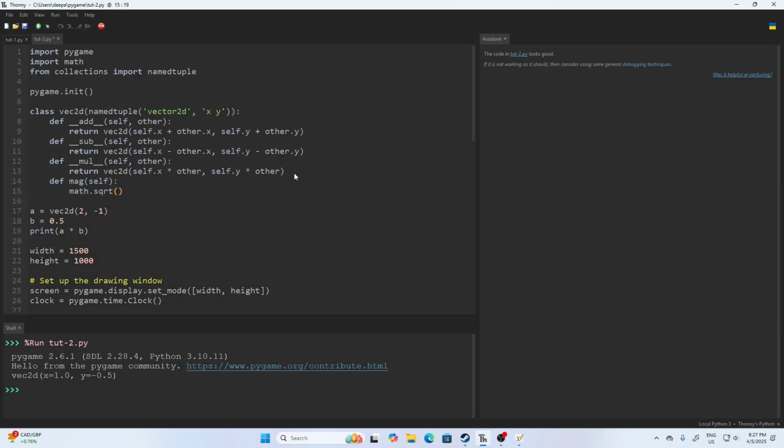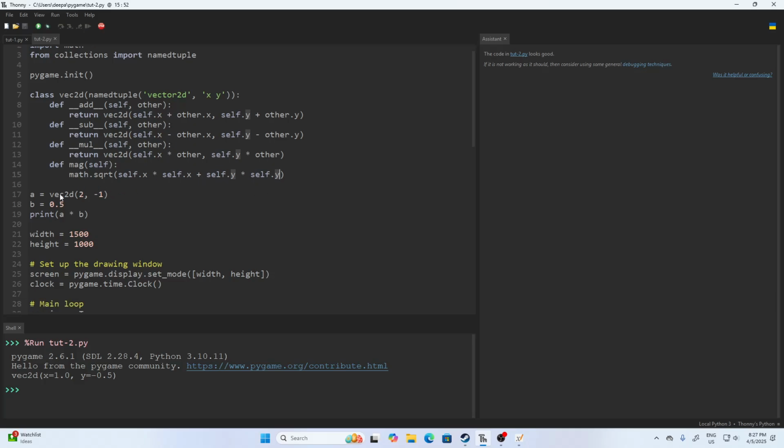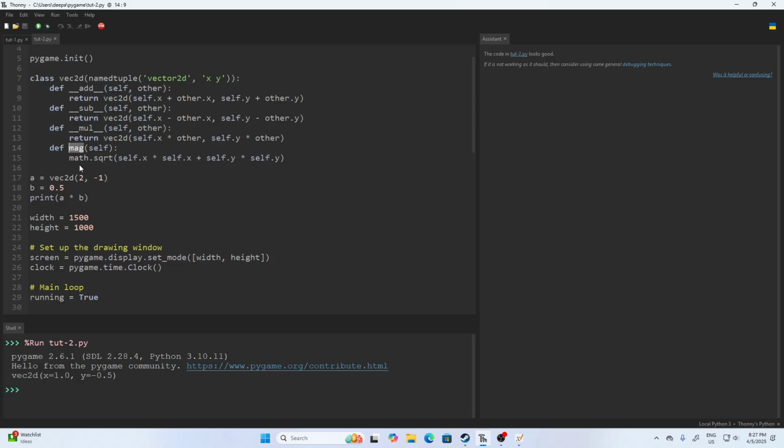We want the square of x, multiplied, sorry, not multiplied, plus the square of y, and we should get the magnitude, okay? That should give us the magnitude.